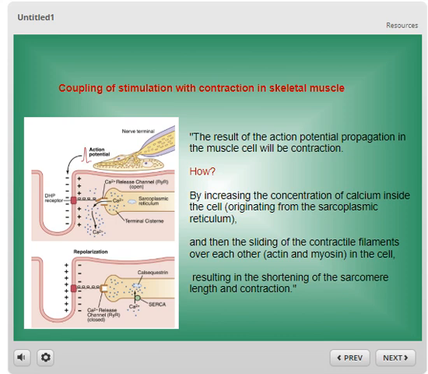The increase in calcium concentration allows calcium to bind to troponin, a regulatory protein on the actin filament.